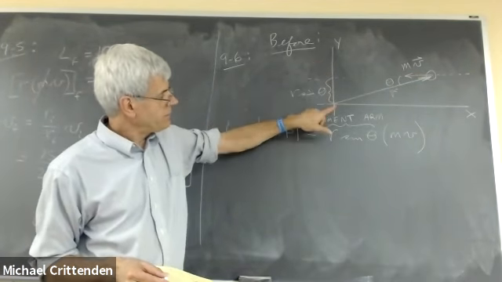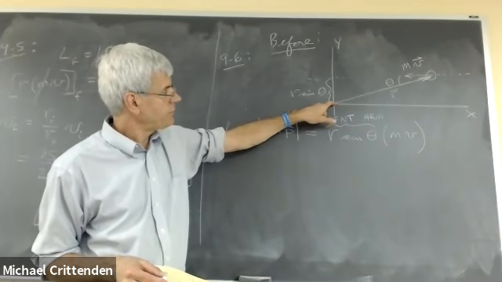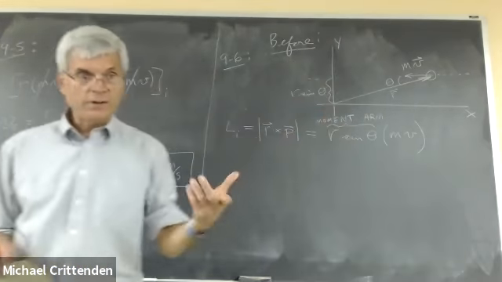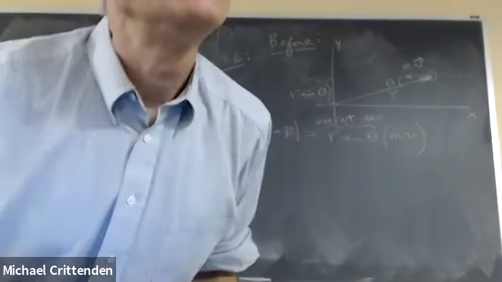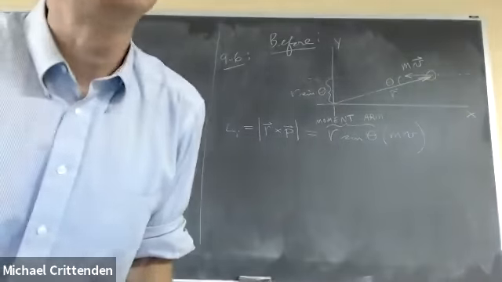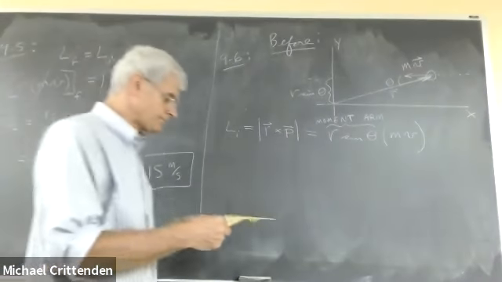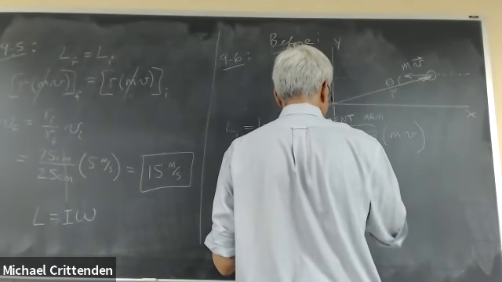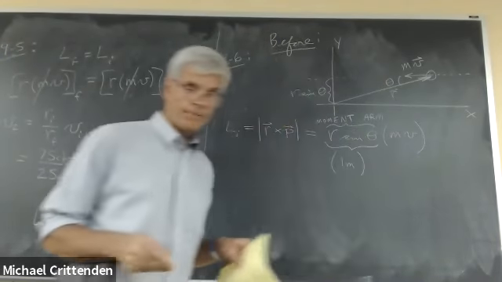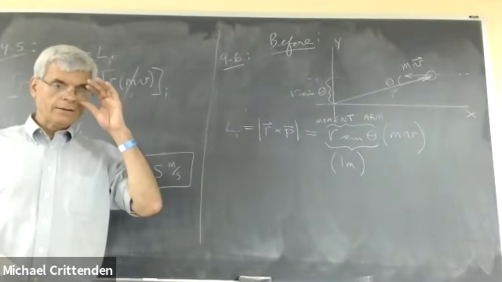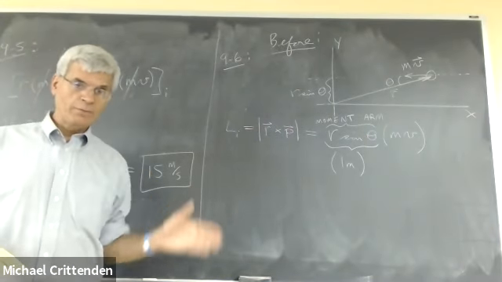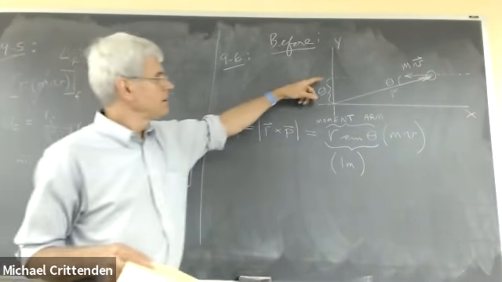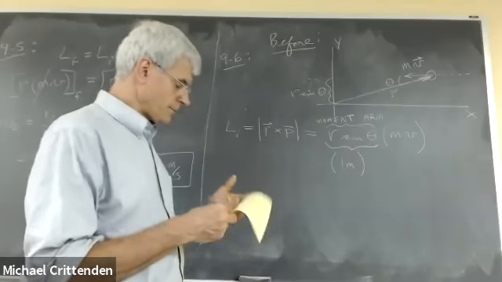This is the perpendicular distance from the axis of rotation to that line of action. And that's given right in the question. It's labeled on the picture, 1 meter. Okay, so angular momentum, the moment of the momentum. The momentum times the length of the moment arm, 1 meter in this case.